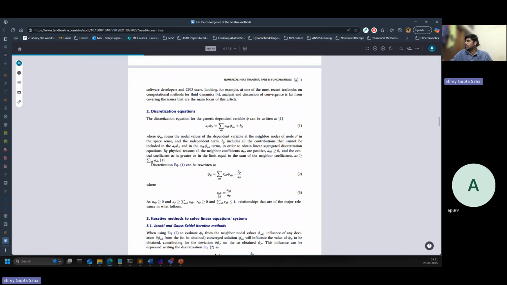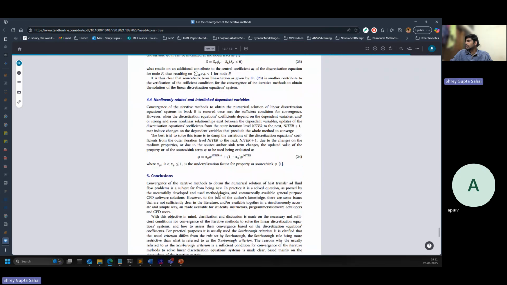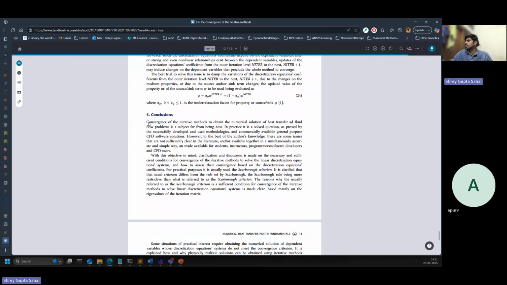This seems to be a nice paper. Let's also read the conclusions. Convergence of the iterative method to obtain the numerical solution.